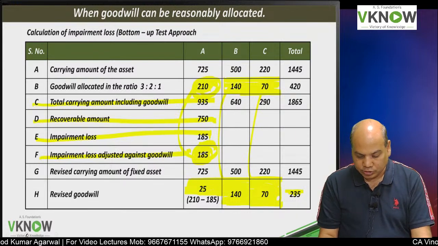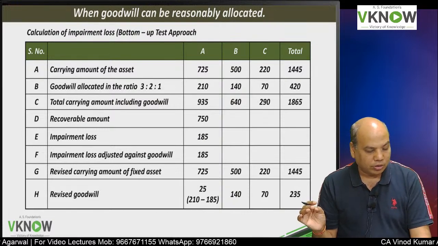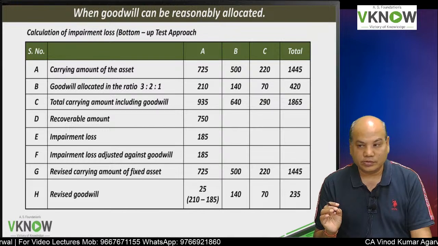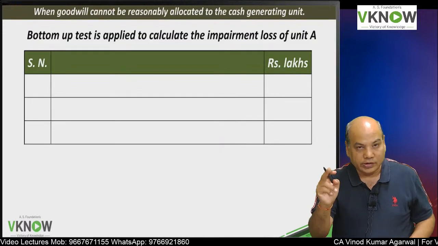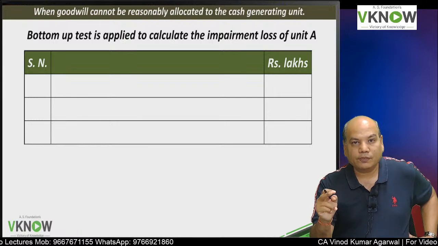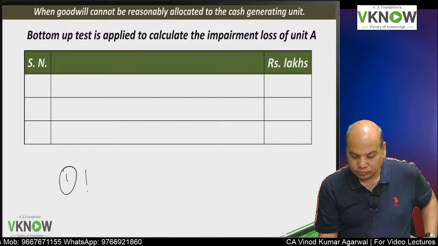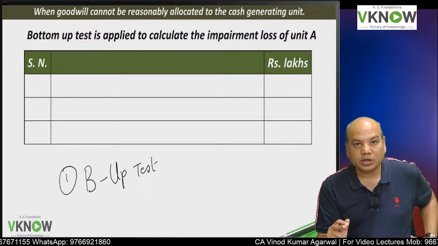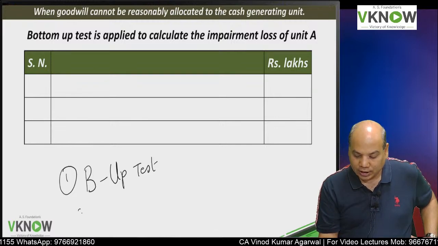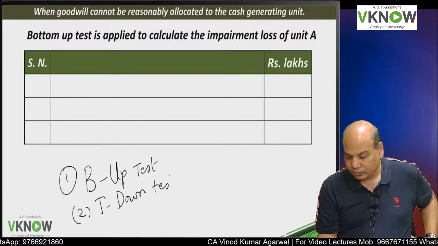Now the second question is: goodwill cannot be allocated on a reasonable basis. If goodwill cannot be allocated on a reasonable basis, I will perform two tests. I will first perform the bottom up test without allocating goodwill, and then I will perform the top down test.